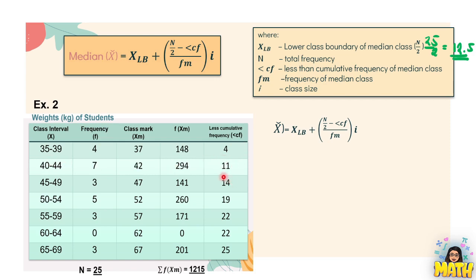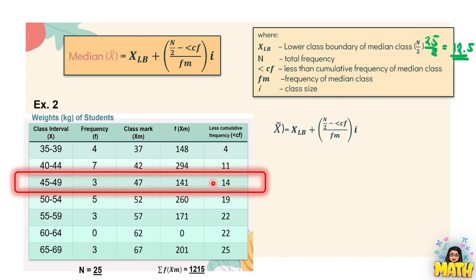At nandito na po ang ating 12th, 13th, and 14th smallest scores. Therefore, ang ating 12.5 position or data is nandito sa ating class interval or median class na ito.